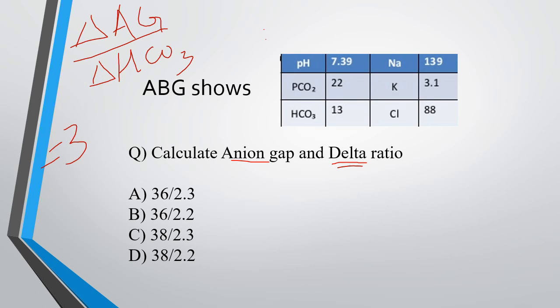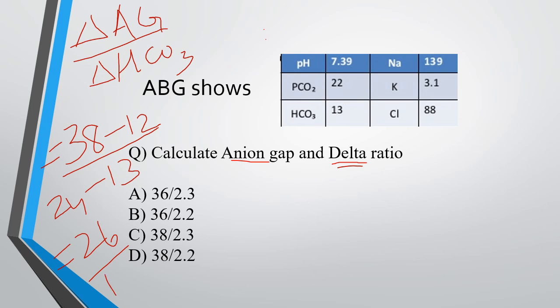It is 38, the new anion gap, minus the expected 12, divided by 24, the normal bicarbonate, minus 13, the current value. So you have 26 by 11. What is 26 by 11? Roughly 2.3. The delta ratio is 2.3. So what is the answer here? The answer is option C.